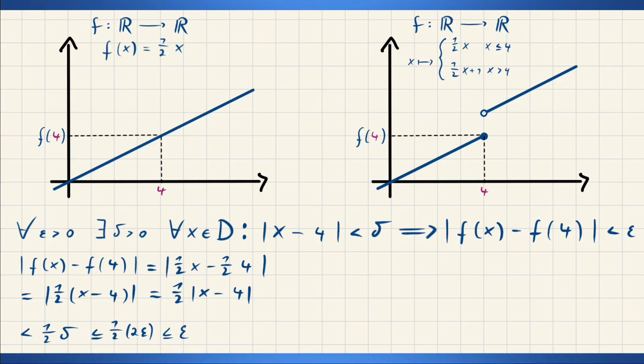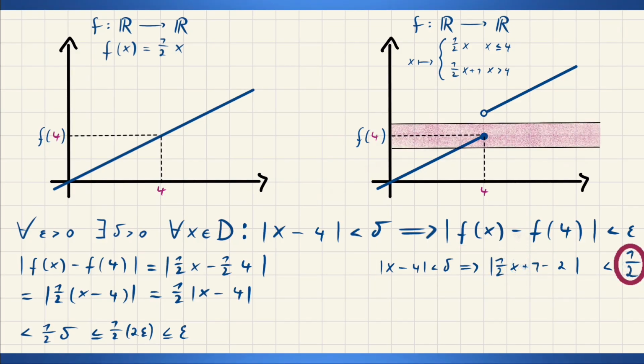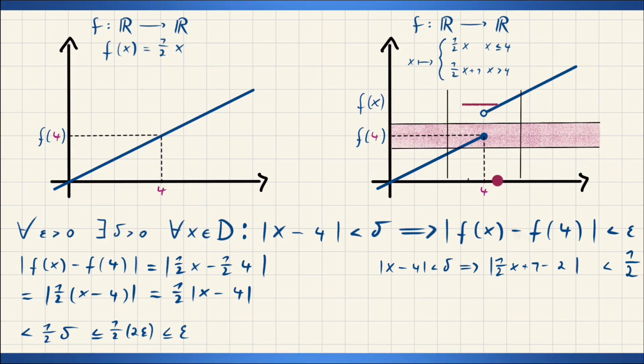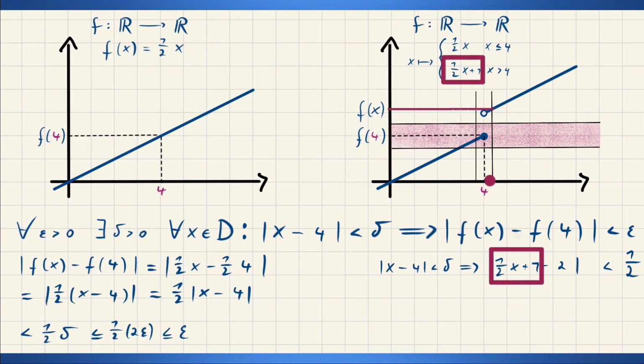For the right function, continuity at x equals 4 would require the same. But if we take, for example, epsilon equals 1/2, we see that there is always an x in any delta interval such that the absolute value of f of x minus f of x0 is not smaller than epsilon. No matter how close we get to 4 from the right, the function value is at least 3.